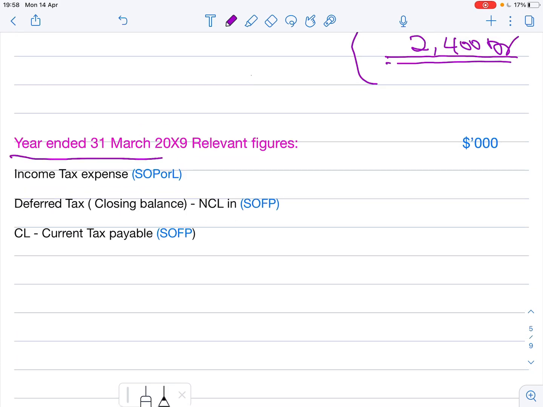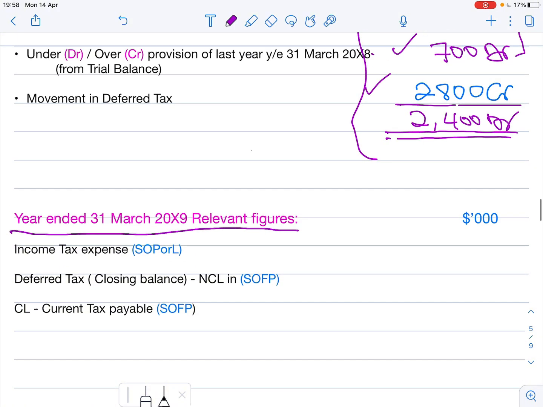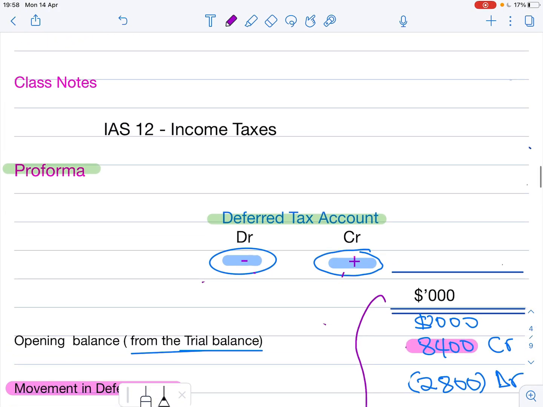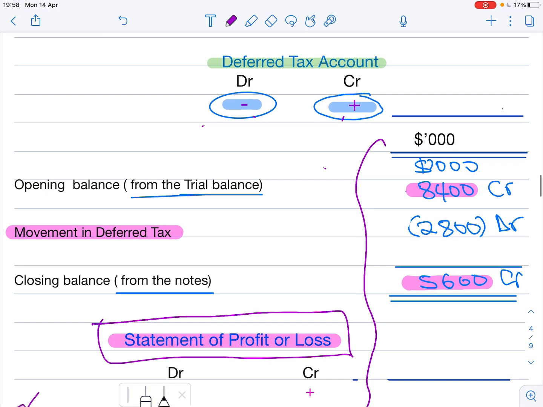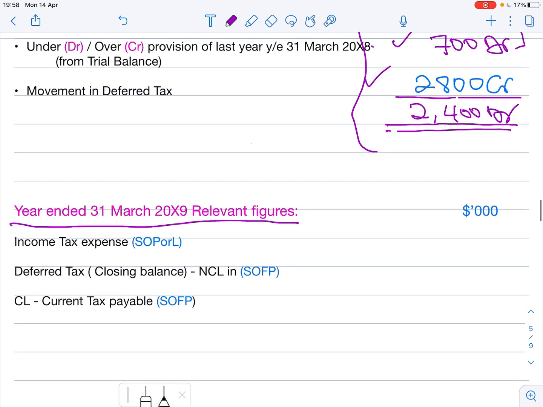Relevant figures as at the end of the year. We have the closing balance of our deferred tax account, and this is 56. So this 56 is going to be here, and it's going to be a liability. What type of liability? Non-current liability. So 5,600.